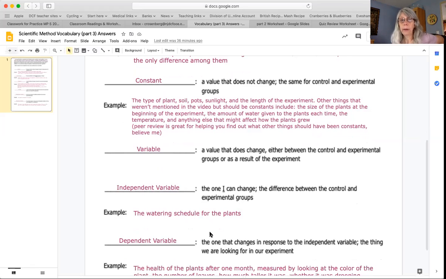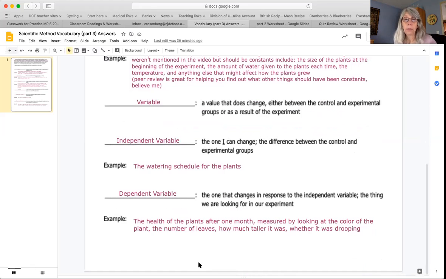That's his independent variable. The dependent variable is what you're looking for. What Moby was looking for was the health of his plants. After a month of following this schedule, see which one grew better. Find out whether watering every day was a good idea or not, or what might be a better idea.